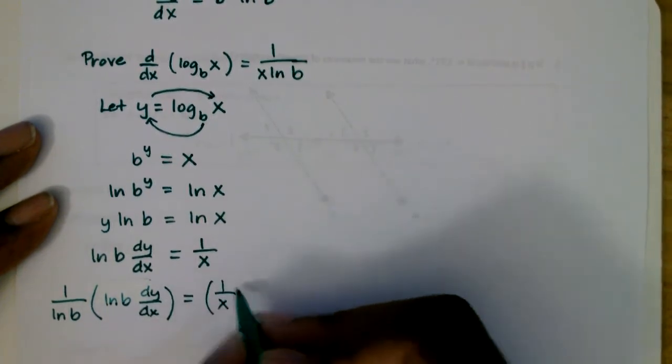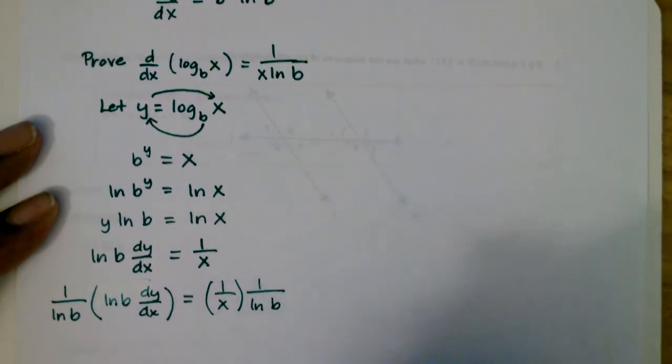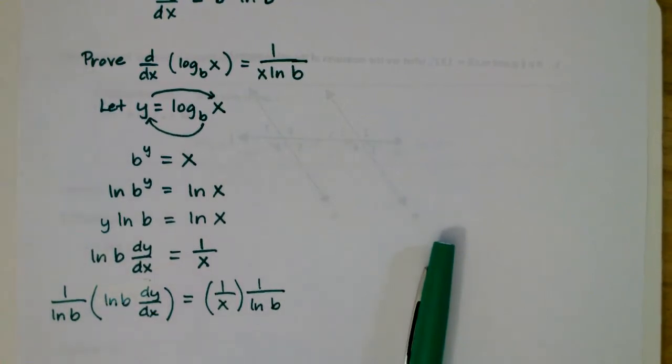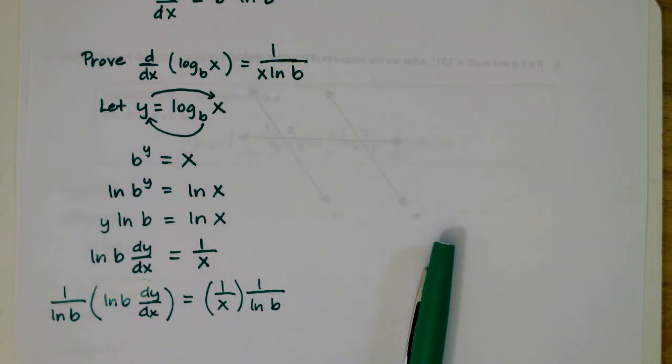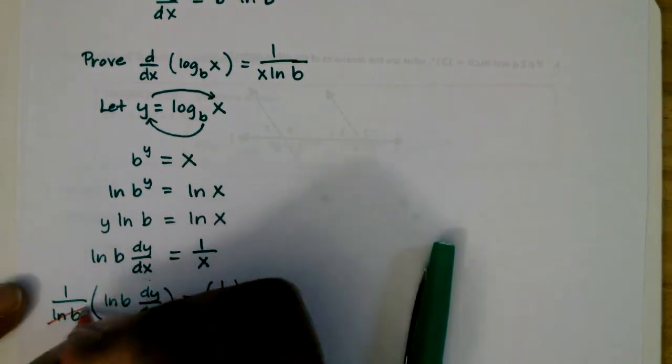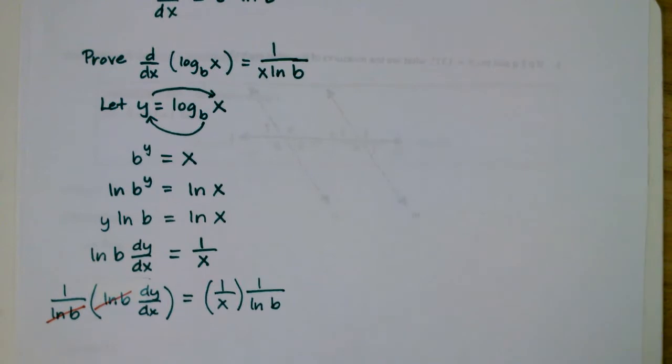And that 1 over x will be multiplied by 1 over natural log of b. Since I'm dealing with a fraction on the other side, the reciprocal of ln of b will be 1 over ln of b. So these ln of b's divide out. I'll have dy dx by itself.